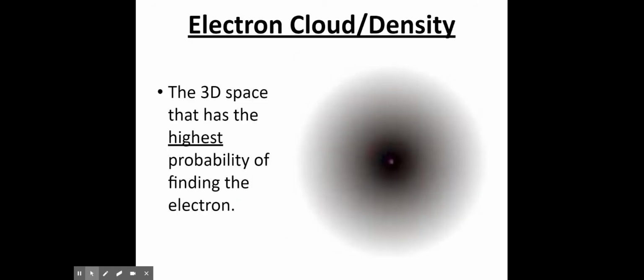This is just a higher quality computer model. Again, the denser the darkness on the paper, the greater the probability that that's where you would find the electron. Now, these models all look like spheres or circles getting denser in the center on this two-dimensional paper.